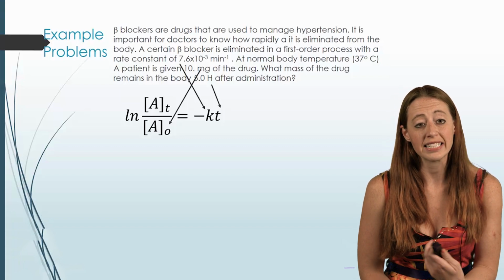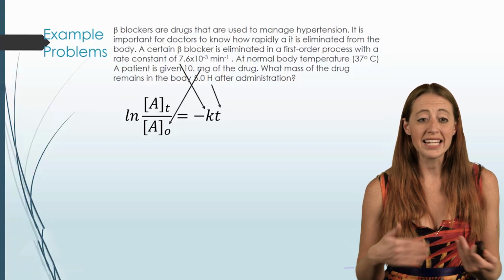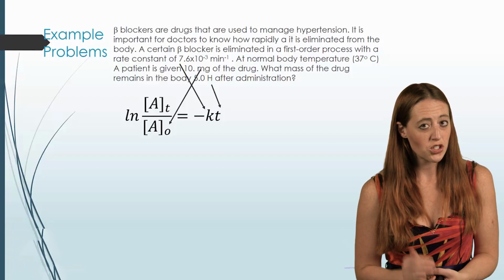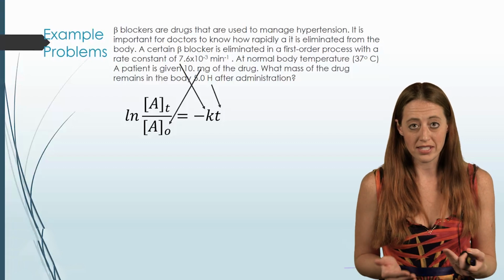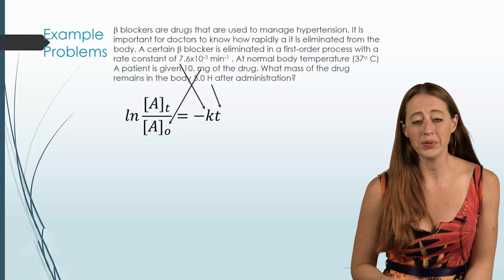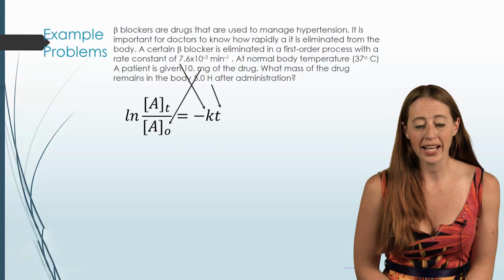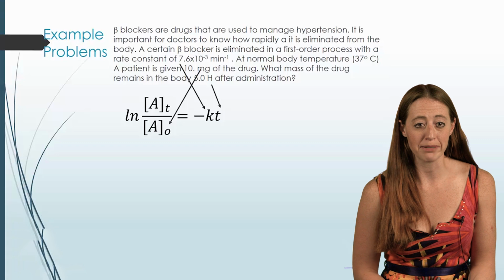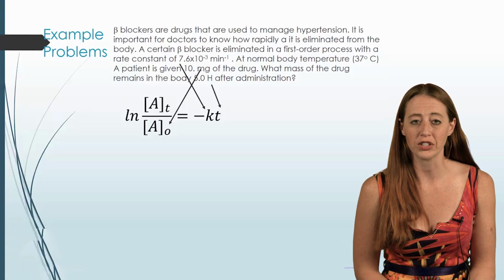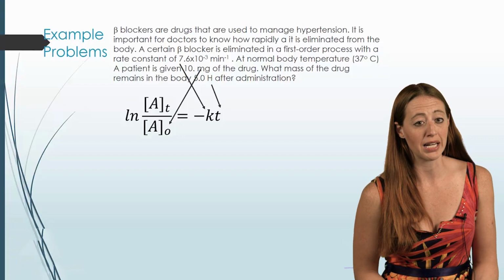But here's why it works, and here's why I picked this example: A_t and A naught are going to be in the exact same solution, and they're the same material, so they have the same molecular mass and the same volume. So by doing this, we would be multiplying the top and the bottom by the exact same number. And we can decide that it's okay to fill in mass. It's okay to fill in milligrams even. We don't even have to convert it to grams or kilograms, because no matter what we multiply the top number by, we're going to be multiplying the bottom number by the same.